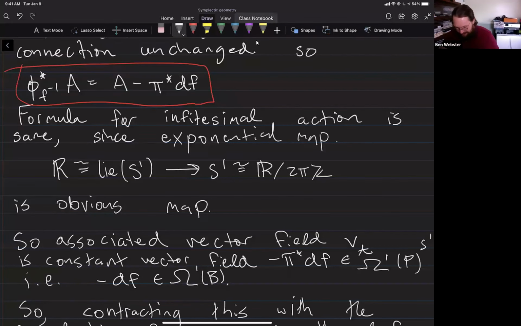If I think of an element of the gauge group as the exponential of a function into my Lie algebra, that just means choose a lifting to R of the function. And so it all works out. So I actually have a very simple form for my action. It's just minus df, which I have to remember is a tangent vector to the space of connections.